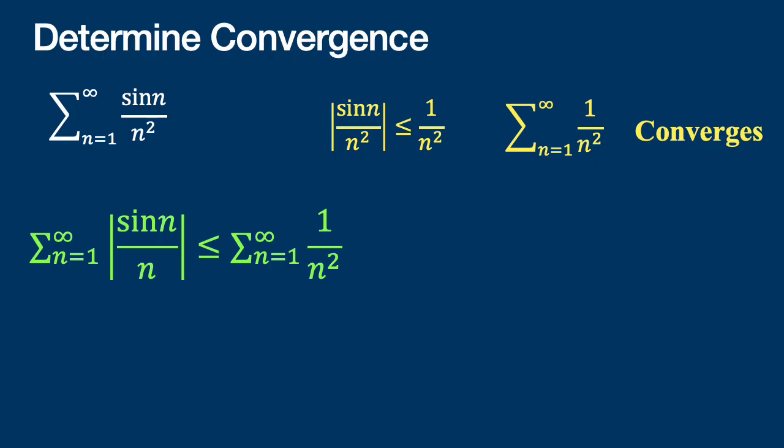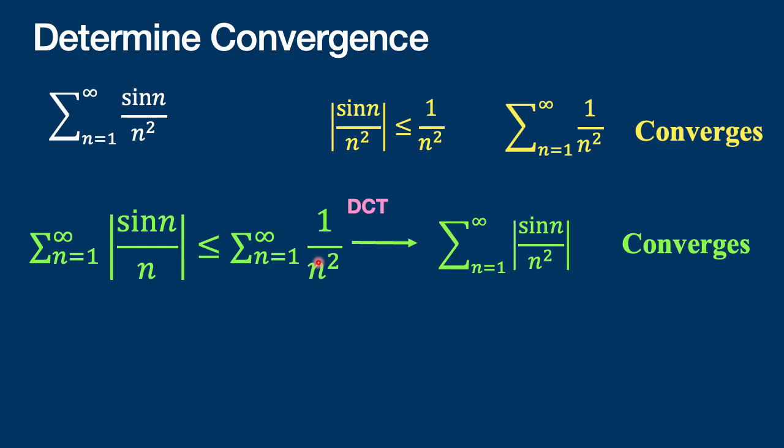But you already know this p-series converges. The left series is less than or equal to the right series, which converges, so we say the left series also converges. This is the direct comparison test, right, guys?